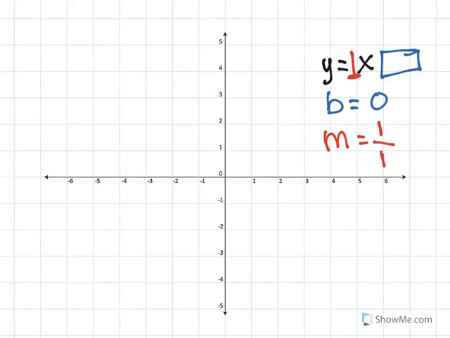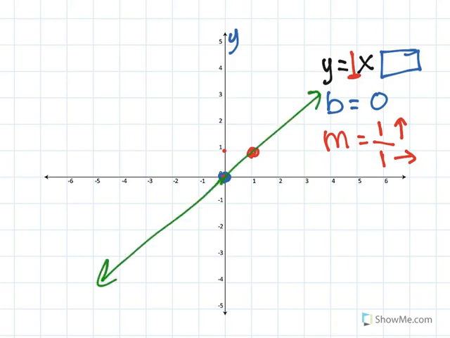I put a 1 underneath it to make it into a fraction. We're going to be moving up because it's positive, and then to the right. So our starting point on the y-axis is 0, so that's the center of the graph. And then my slope tells me to start here, go up 1 to the right 1, and then I can connect them together to make my line.